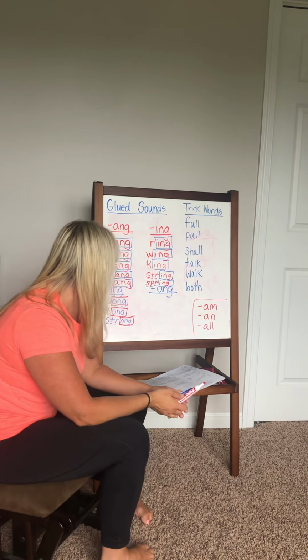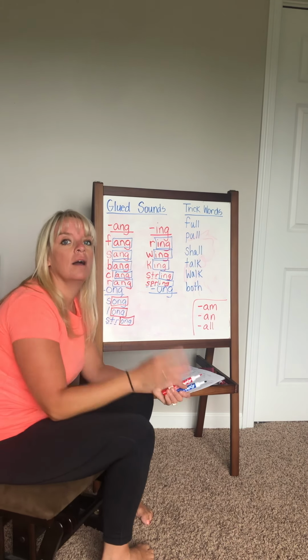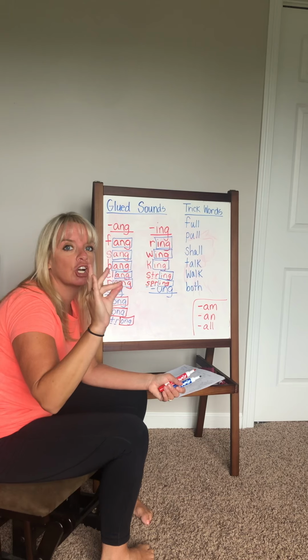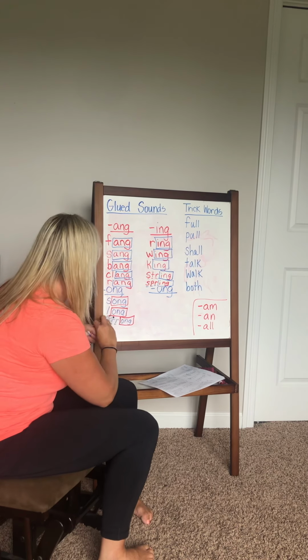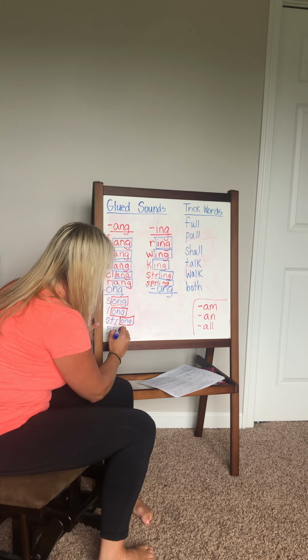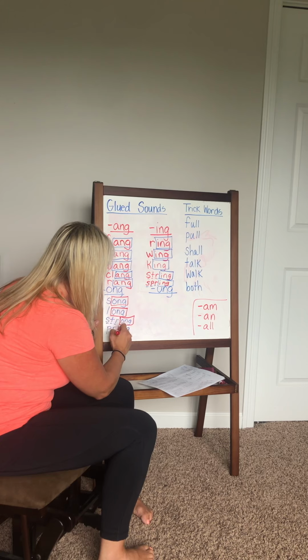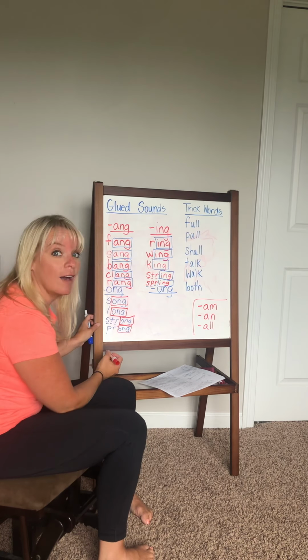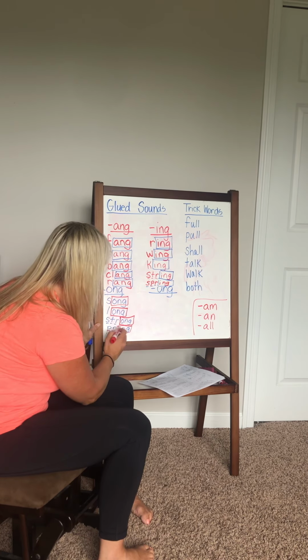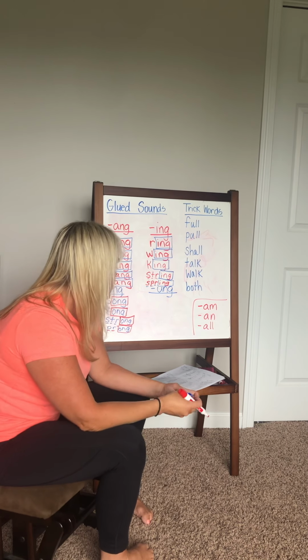Okay, how about the next word? Prom. Let's tap out prom. Ong. So I'm gonna write ong. So I've got my glued sound ONG, and I also have a blend PR. Prom. Very good.